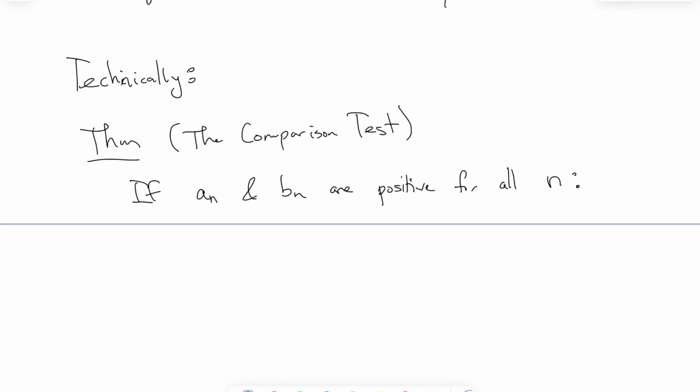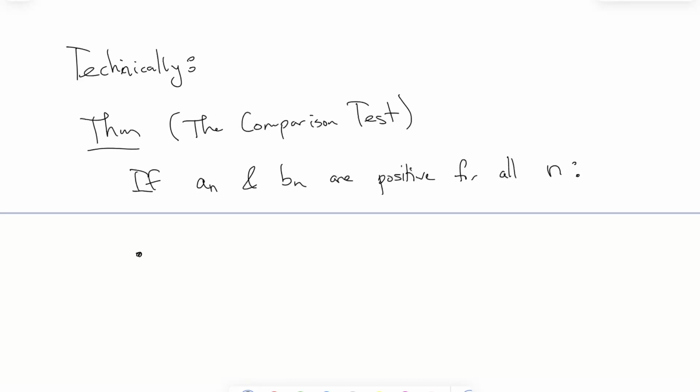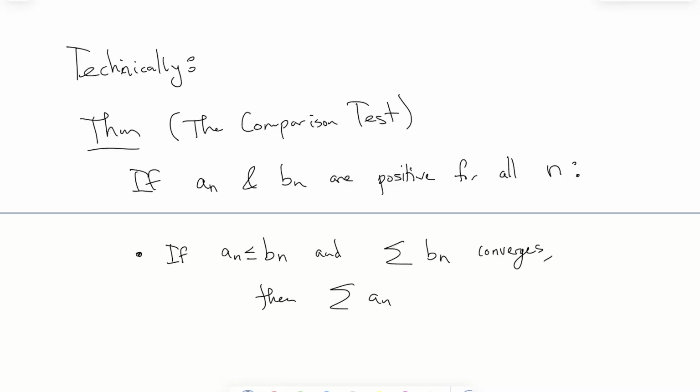But anyway, if the a_n and the b_n are positive for all n, then there are two things I want to say. If a_n is less than or equal to b_n, and the sum of b_n converges, then the sum of a_n converges.